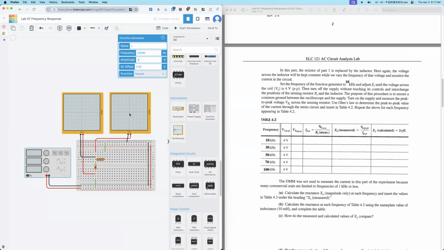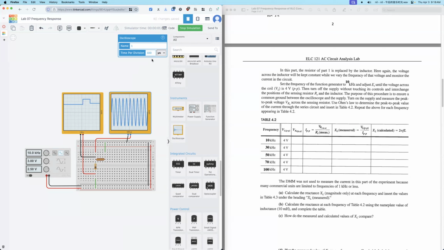We know 3 is not enough. It's not a square wave, it's a sine wave. Then change the setting for this one. This is 10 kilohertz. Then we need to go to mu. Okay, so we got it. Then go to 9, go to 10. Okay, 10 is good. So we can go to 20. This one we also change to 20 millisecond.